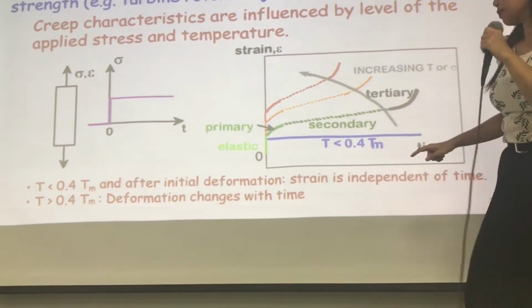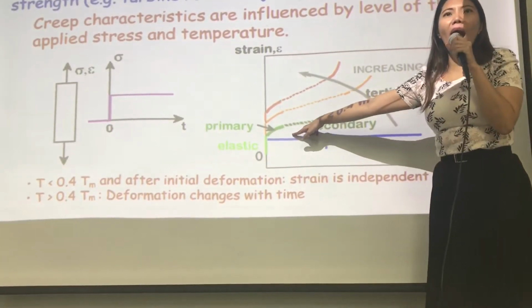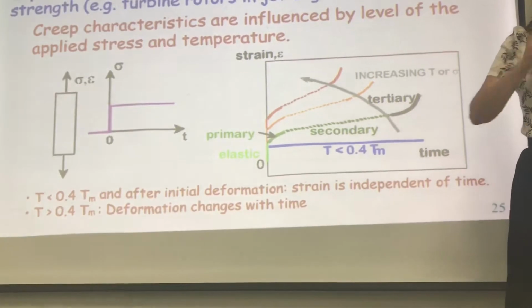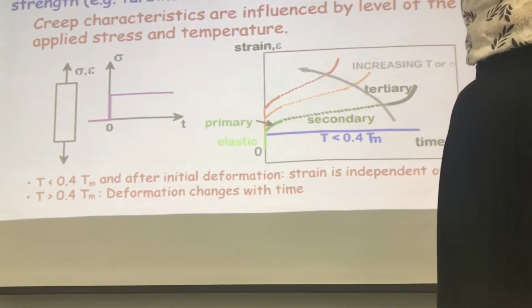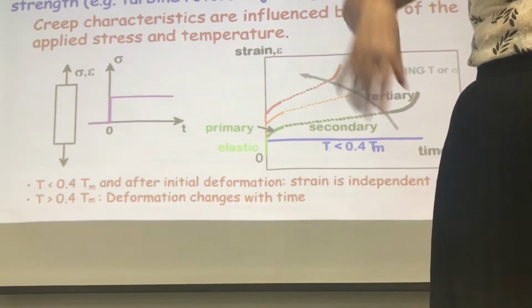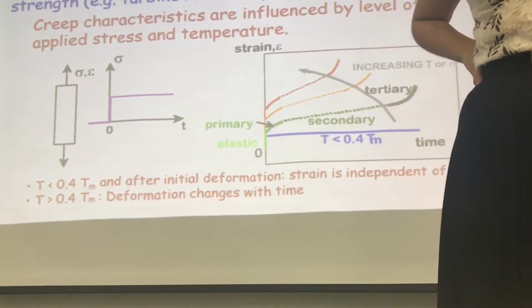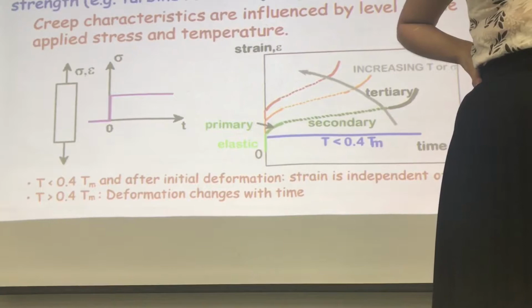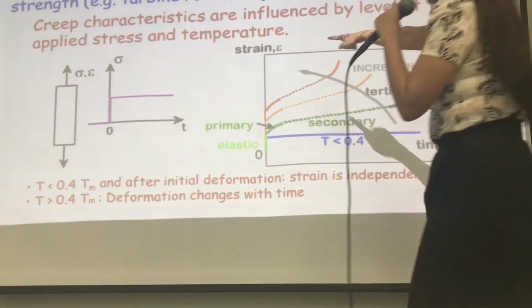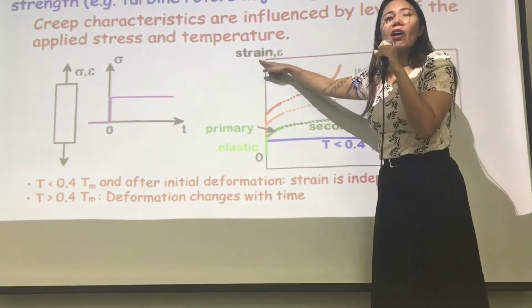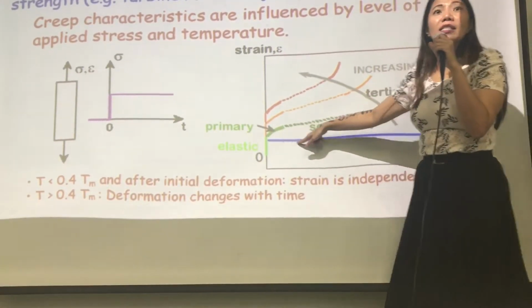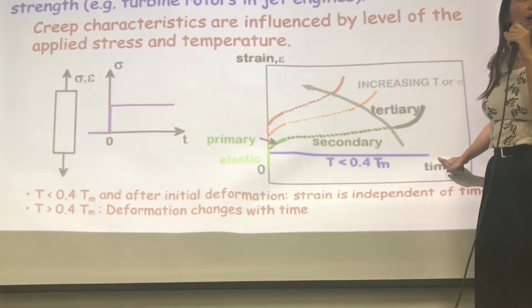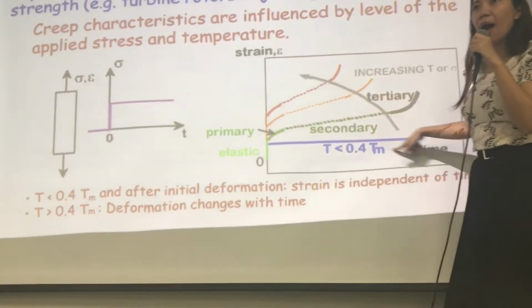So in this case, the blue one, if the temperature is lower than 0.4, will creep occur or not? No. So that means strain or elongation will be constant. You see that? Strain will be constant, no elongation, even over longer time.